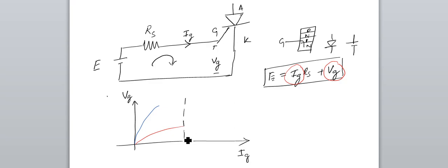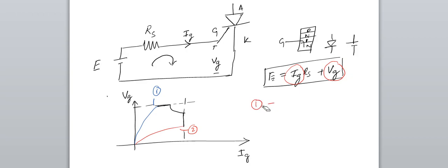First, just focus on the parameters that are helpful. This is curve 1 and this is curve 2.